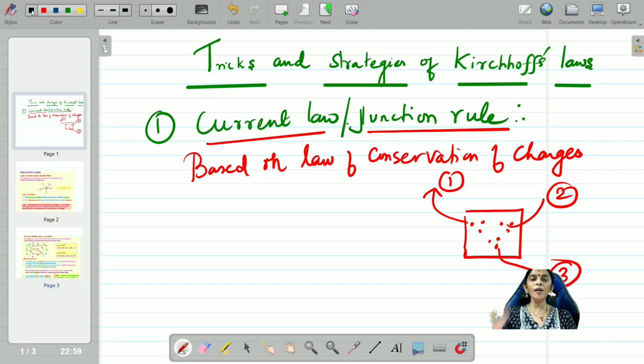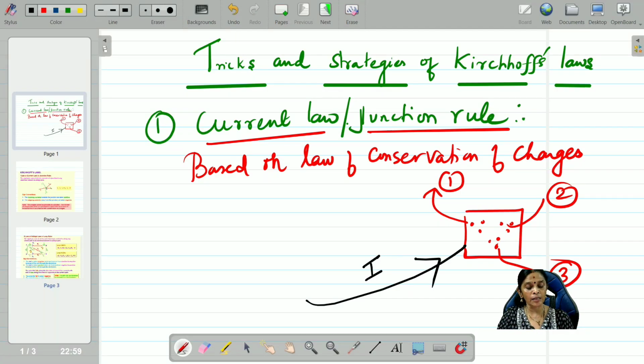For all the appliances, let us suppose I is the current which is coming from the EB box. The same current will be split up into all the 3 appliances. So if we add I1, I2, I3, that must be definitely equal to I. That's called the current law.